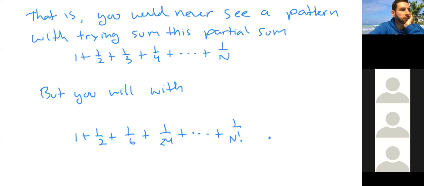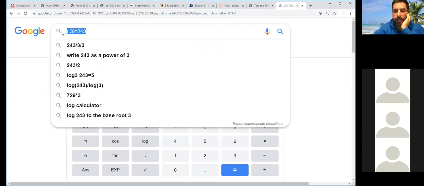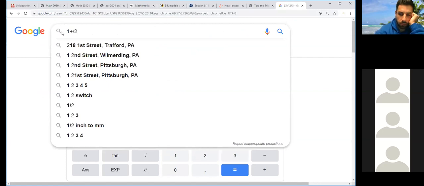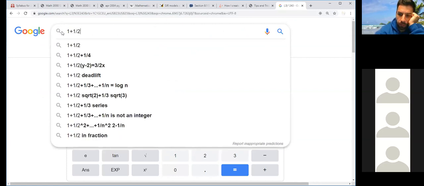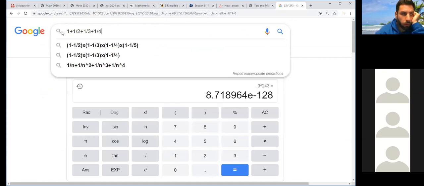I don't want to erase this quite yet. Let's see if you guys have any questions. Does anybody have a question about this before I share? All right. So if I share my web page, suppose I just started adding this up, like 1 plus 1/2 plus 1/3 plus 1/4.